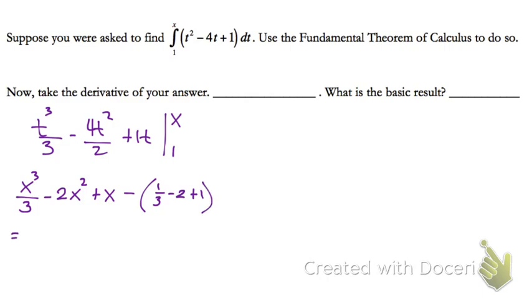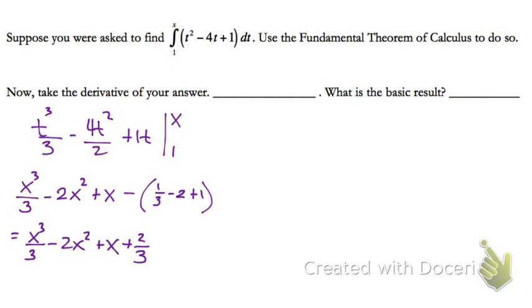If I simplify that, 1/3 minus 2 plus 1 would be 1/3 minus 1, which is negative 2/3, and then the negative 2/3 turns into a positive 2/3. So I get x cubed over 3 minus 2x squared plus x plus 2/3. Alright, so there's my integral.